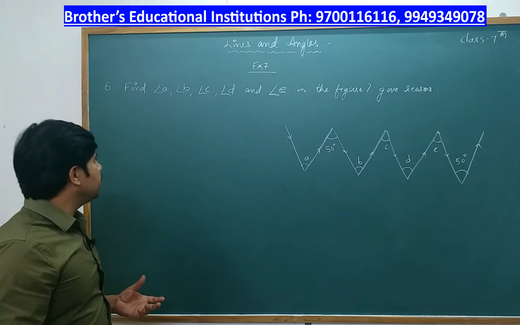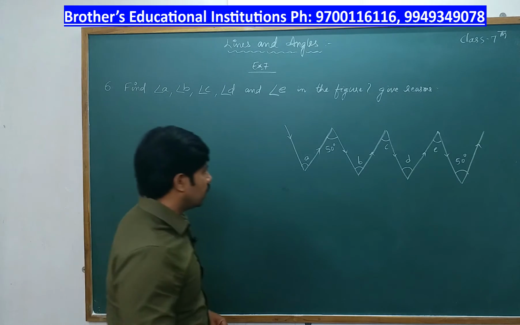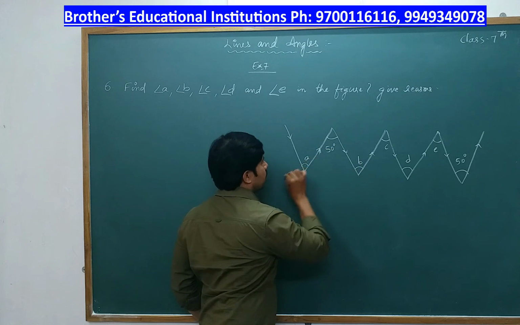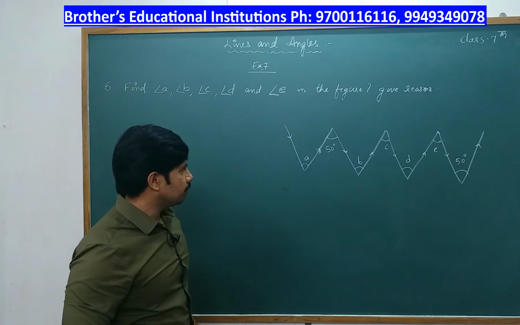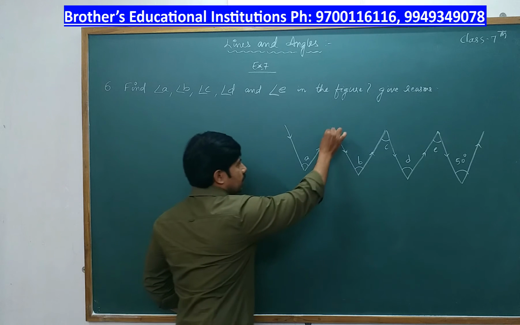Find angles A, B, C, D and E in the figure. Give the reason. Here the arrow symbol denotes that the lines are parallel. So here A and 50 are alternate angles.